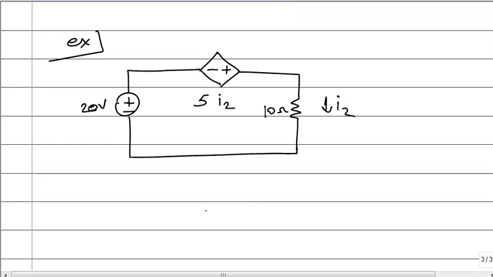So, question: what's I2 in that circuit?